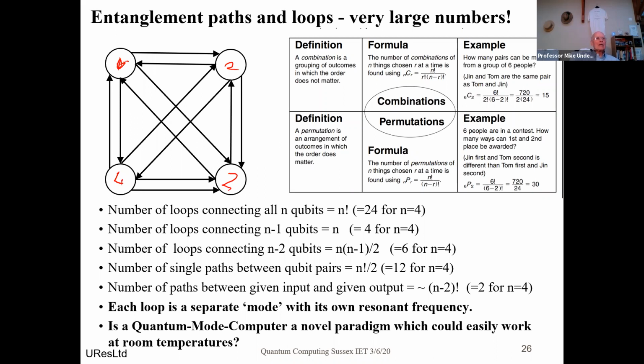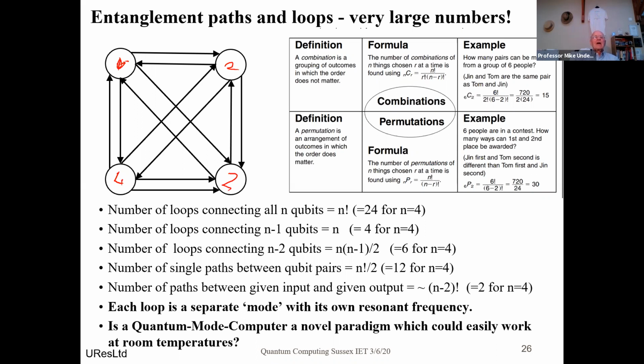It is 4 times 3 times 2 times 1. Factorial 10 is 10 times 9 times 8 times 7 times 6 times 5 times 4 times 3 times 2 times 1. So those are the factorials. But even for this 4-bit arrangement, we have a large number, 24, and that goes up very, very fast indeed.